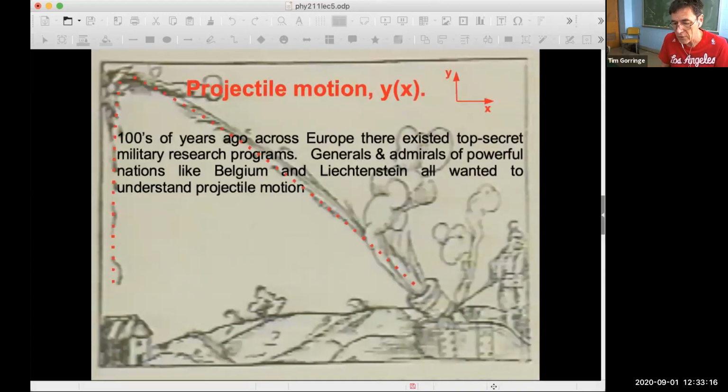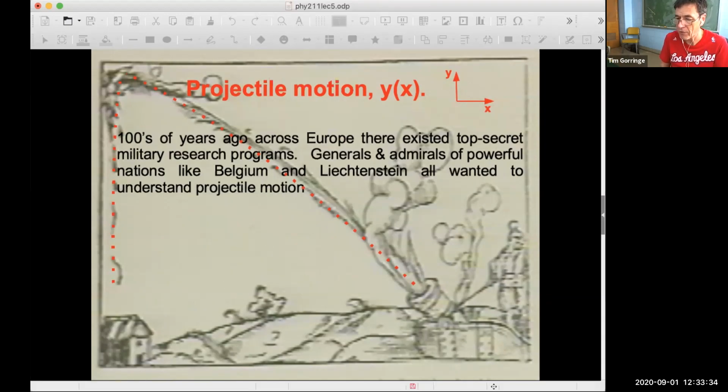So there's a long history of studying projectile motion. There's a long history of wanting to understand projectile motion. And a lot of it was related to hundreds of years ago, military programs.